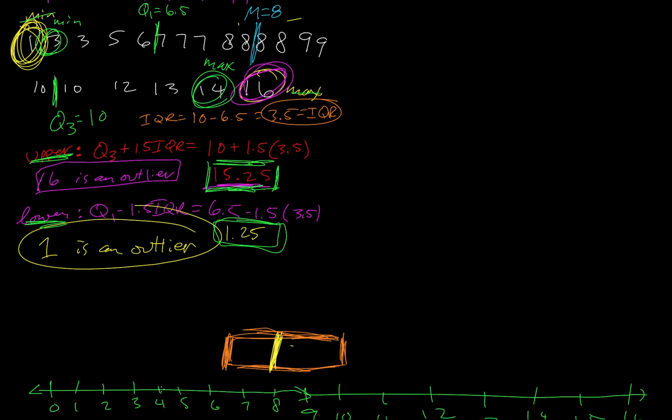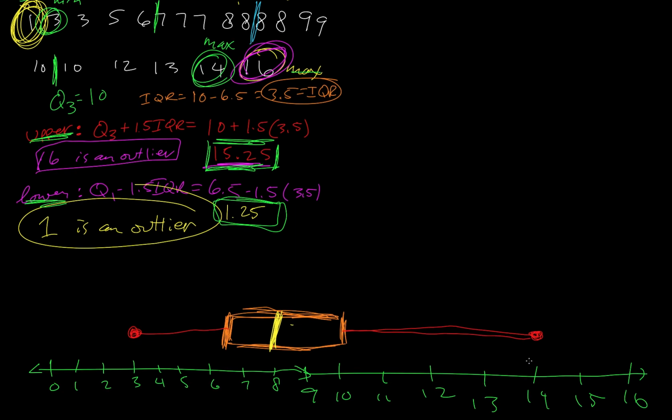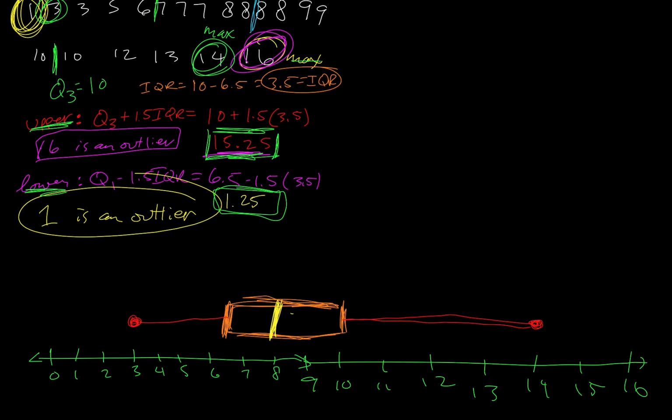So our min now was 3, and then our max was 14. And then we're going to put our outliers on there as well, because they're a part of our data, so they're still important. So we have our 16 and then our 1. And so this would be our new box and whisker plot.